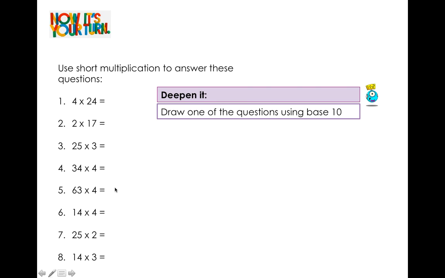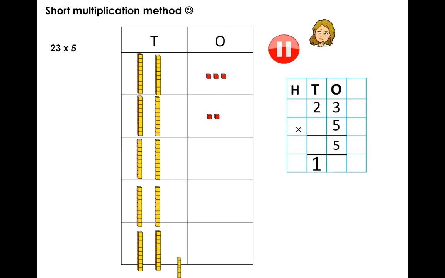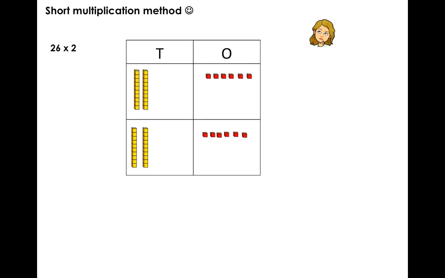So have a go at those. You might like to have a go at drawing one of the questions using base 10. So that would look something like this. So 26 times 2, I've got 2 tens and 6 ones, and I've drawn it twice because I'm multiplying by 2.